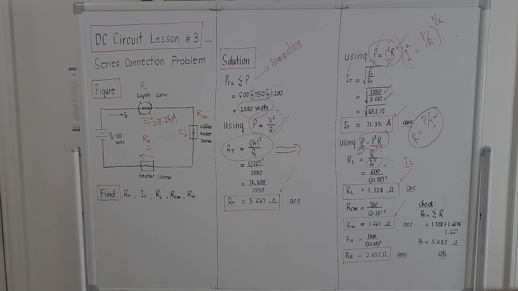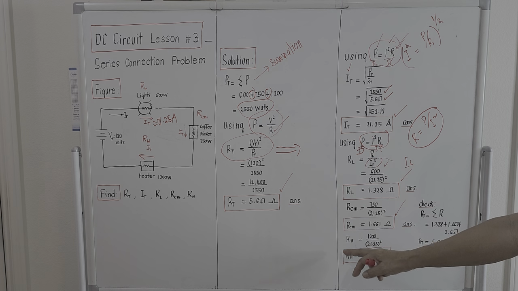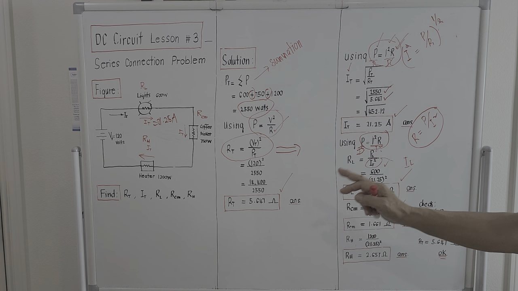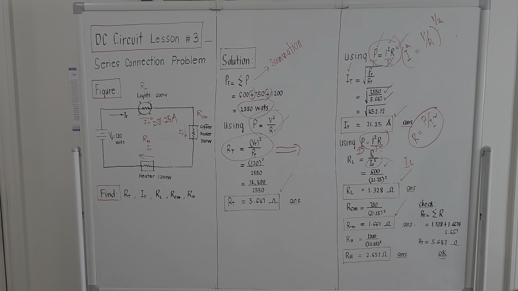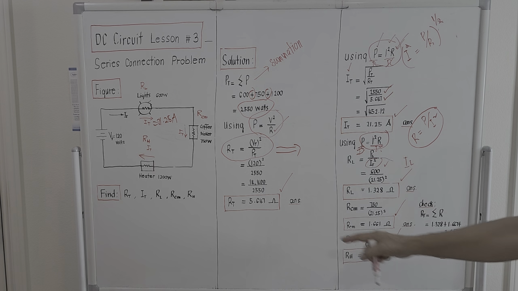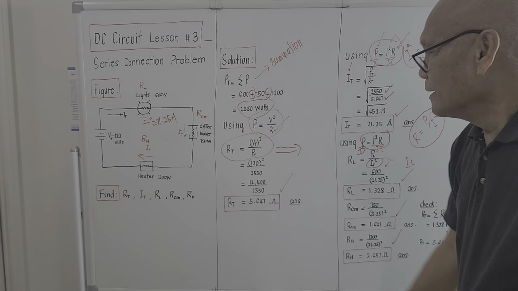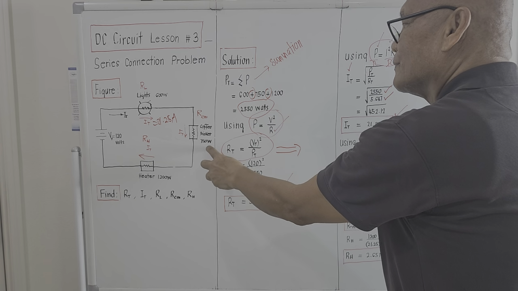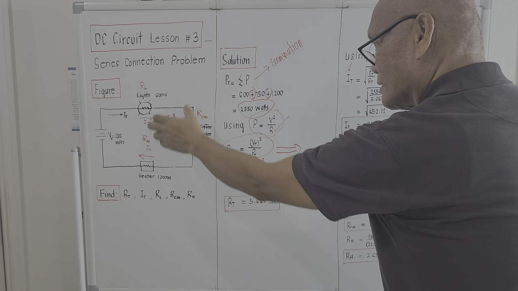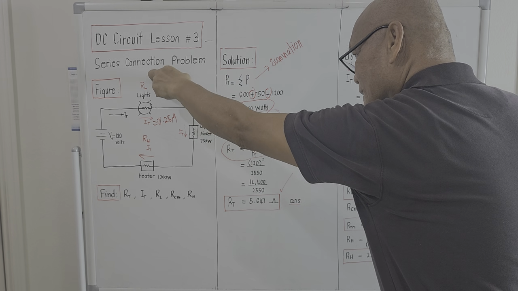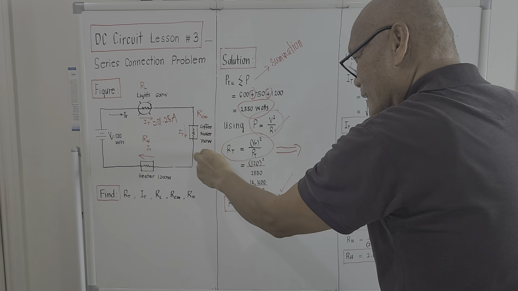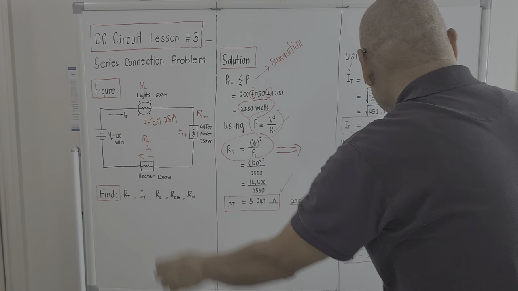But since the value is more than 400, the resistance of the heater is 2.657 ohms. The resistance is greater because the wattage is 1200, while this is just 750 and this is 600. So this is the smallest resistance, next in line, and this is the biggest resistance.